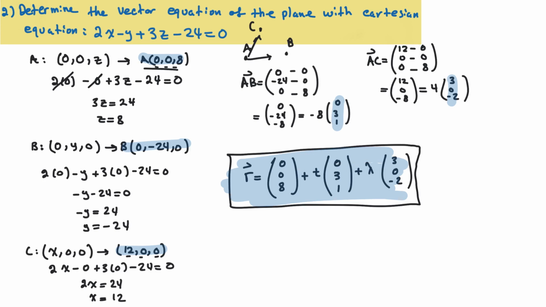I hope that the first two videos were helpful in giving you an idea about how to change between Cartesian form of the equation and vector form, and the importance of those two forms of the equation of the plane.